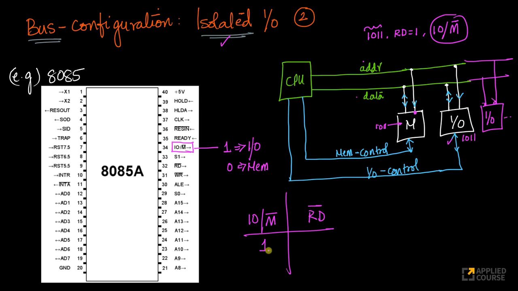So what happens if this is 1 and my read equals 0? Okay, if this is so, then I do IO read here, which means I read from this chip now.